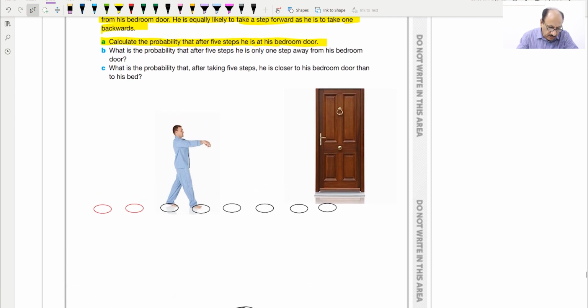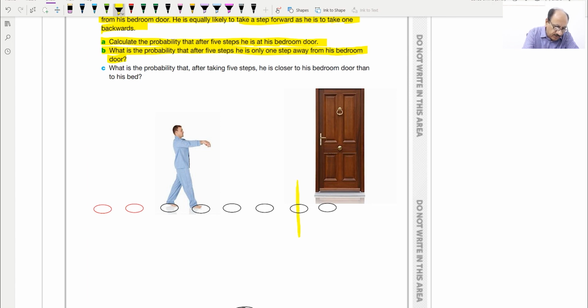Now we can go ahead with the B part, which asks: what is the probability that after 5 steps he is only 1 step away from his bedroom door? So only 1 step away will be this location.